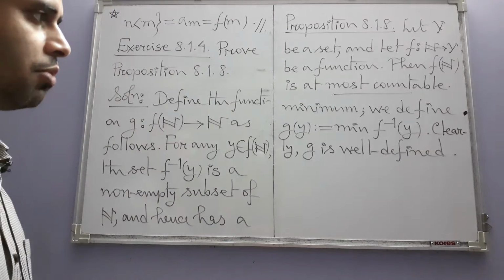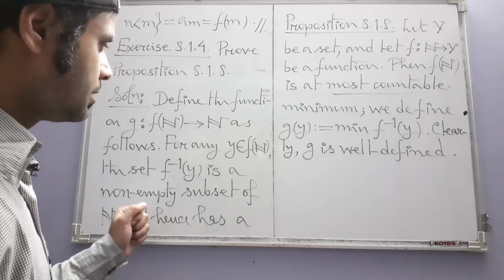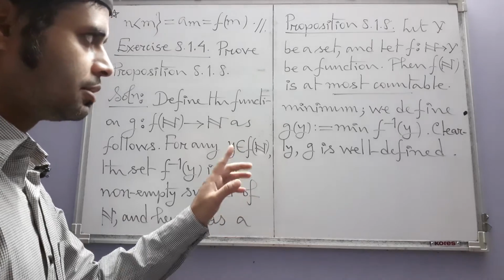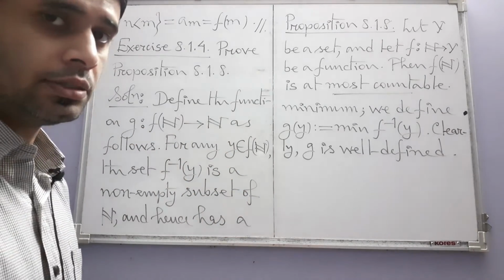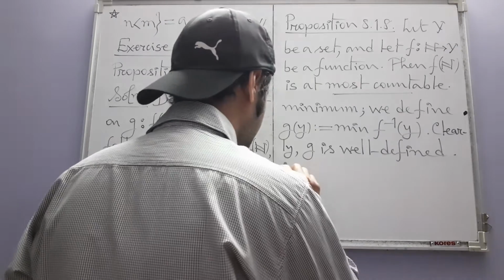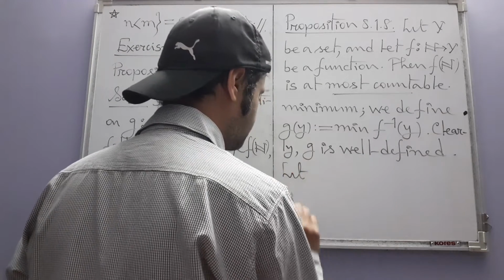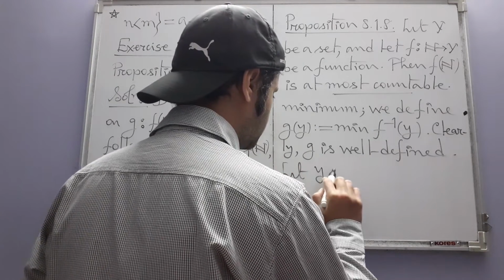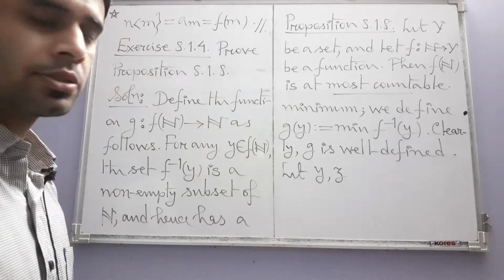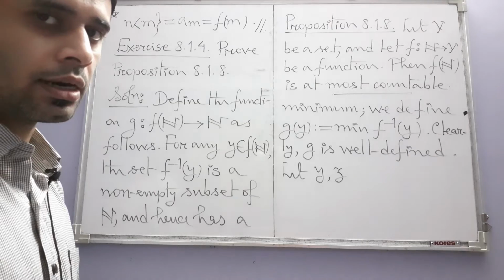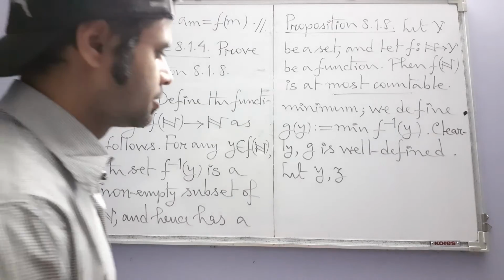Now the thing we want to prove about g is that besides being just a function, g is in fact a one-to-one function, an injective function. To do that, we are going to take two distinct inputs for g and show that their outputs are also distinct.